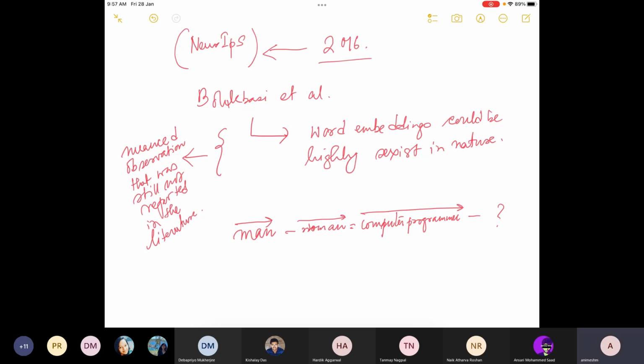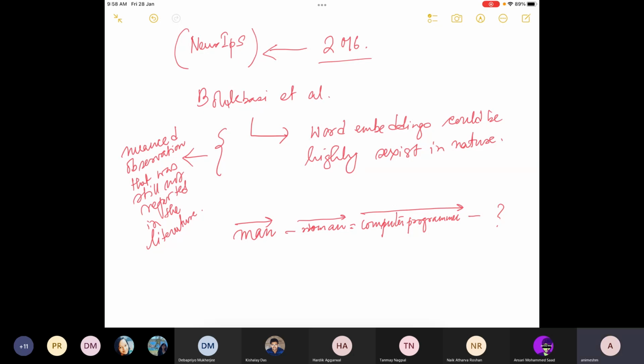When they tried to solve this analogy, just like the previous analogies, what is your best guess? Basically, if man is to computer programmer, woman is to what? Okay, tell me what should be the ideal result?